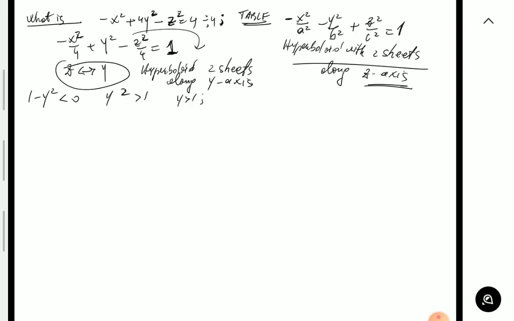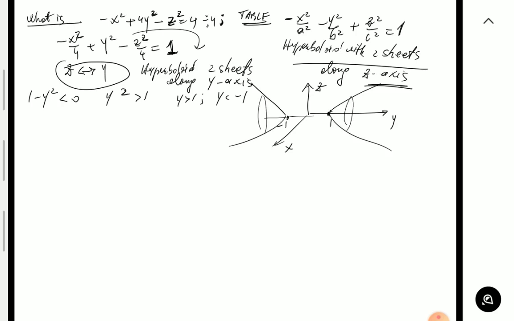That's another way of saying y is less than minus 1, or greater than 1, which means that when I sketch this hyperboloid, there is a gap here along the y-axis, right? And the two sheets are open like that, right? And these are, for example, the cross sections, or the horizontal traces, which are ellipses.